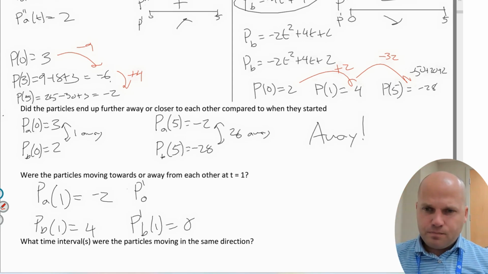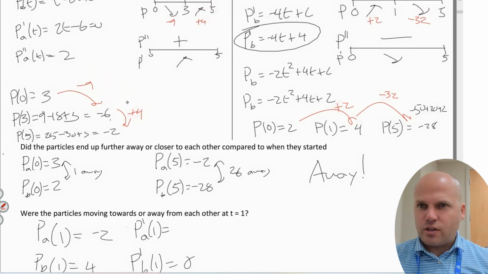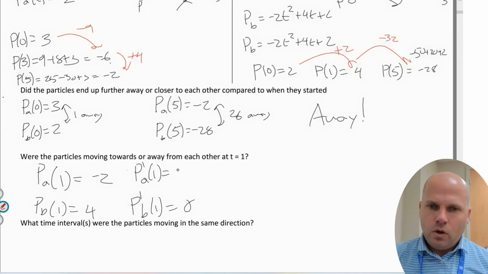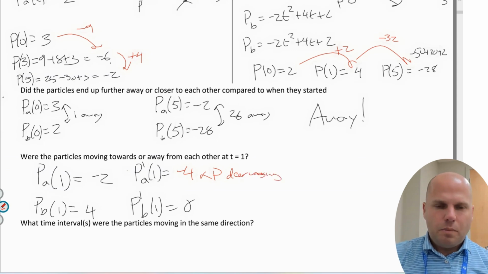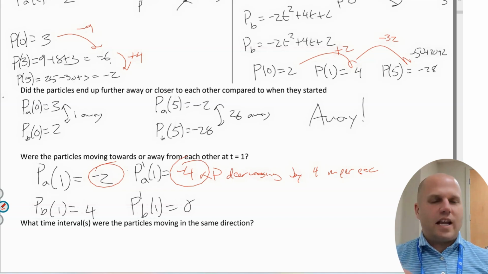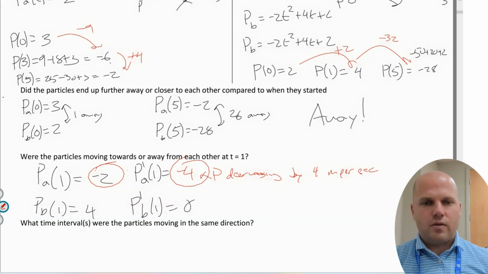This position at 1, how is it changing? It's negative 4. What does this value mean? P is decreasing by 4 meters per second. My position is negative and getting more negative. My position is negative 2, getting more negative.